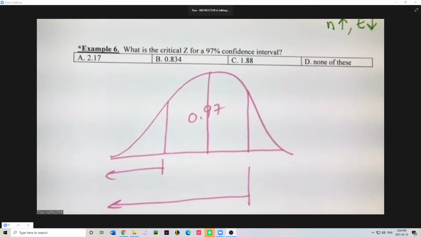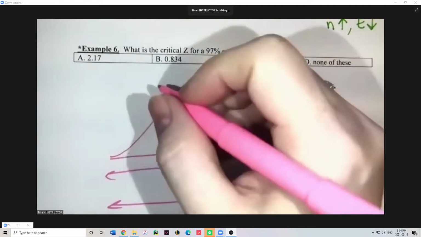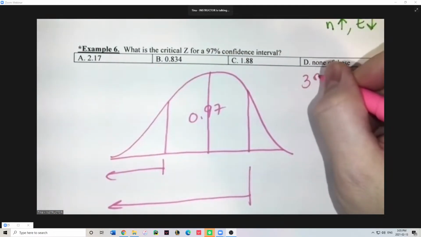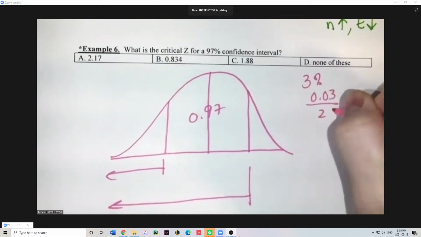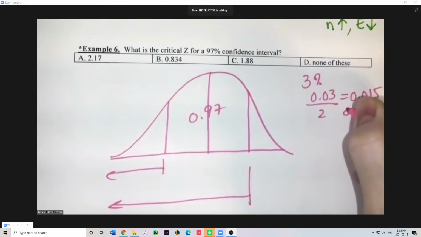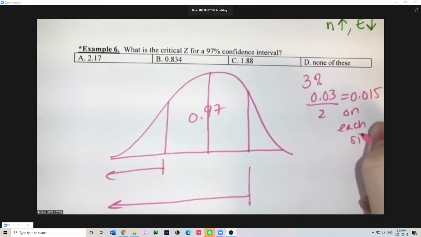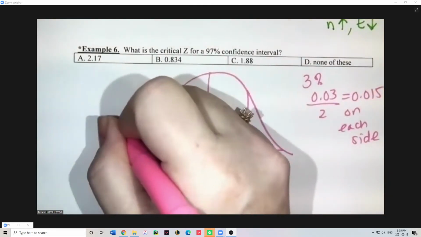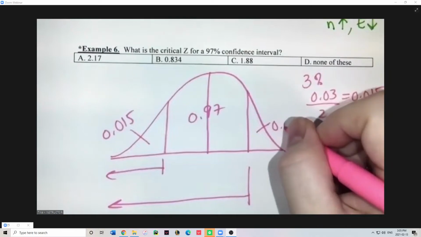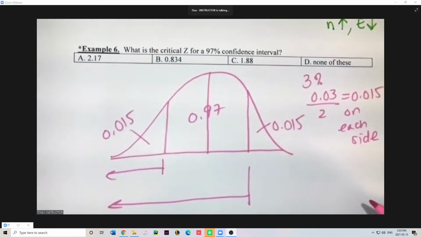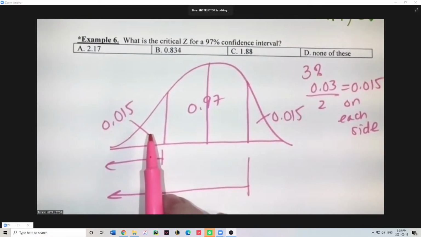The Z table looks up the area below your line. So if you have 97%, that means you have 3% left. 0.03 divided by 2 is 0.015 on each side. So you can either look up 0.015 and then whatever number you get, just make it positive.